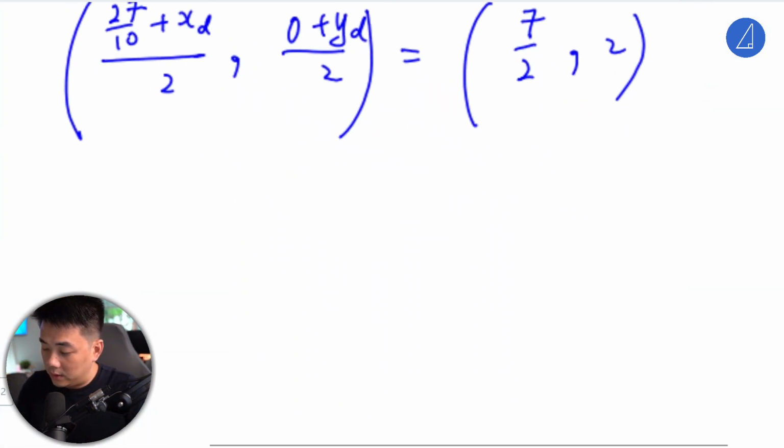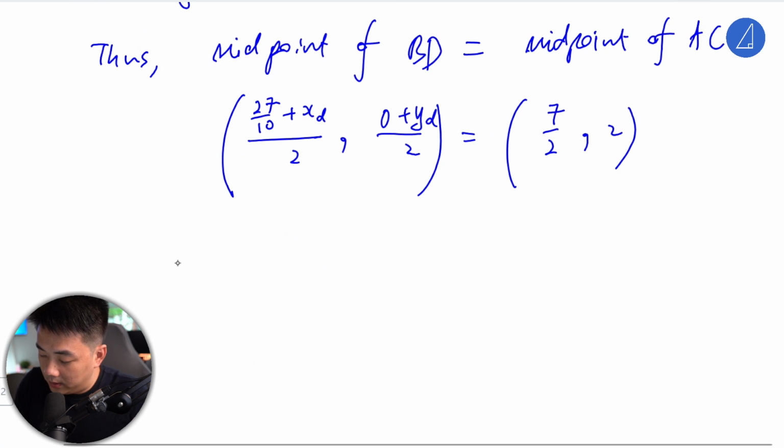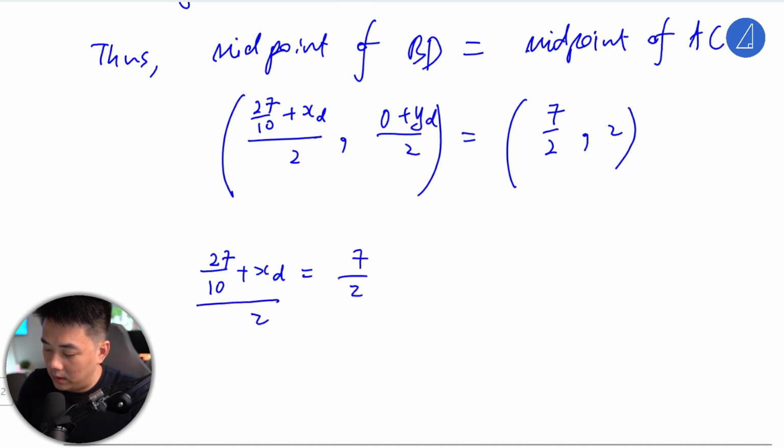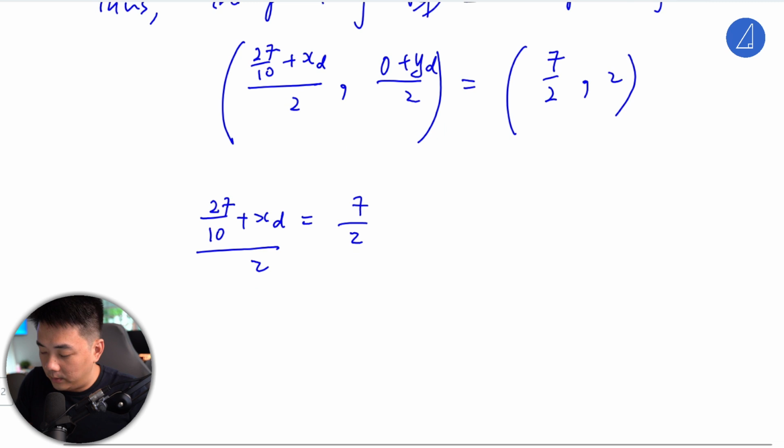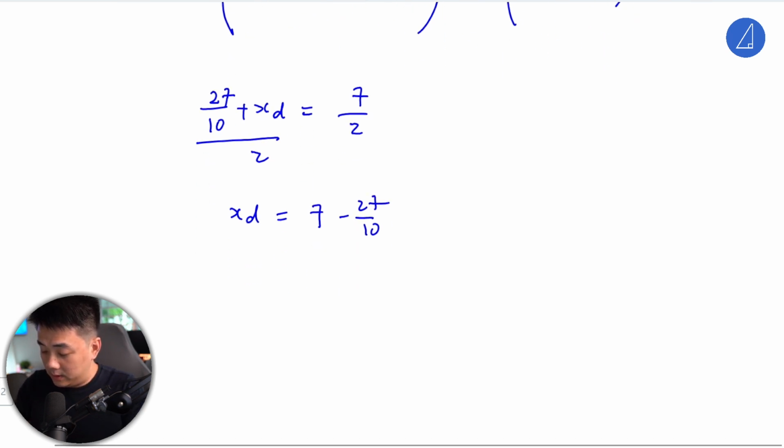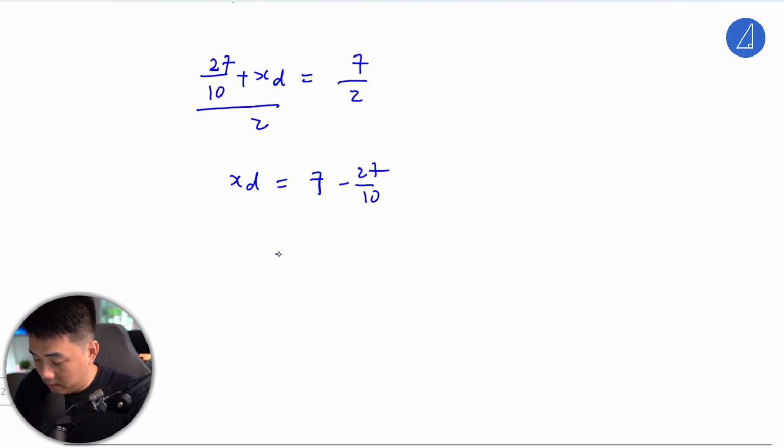Then after which you just equate them. So hence 27 over 10 plus XD over 2 equals 7 over 2. Okay, the x-coordinate will be the same, so XD will be 7 minus 27 over 10, that will give us 43 over 10.